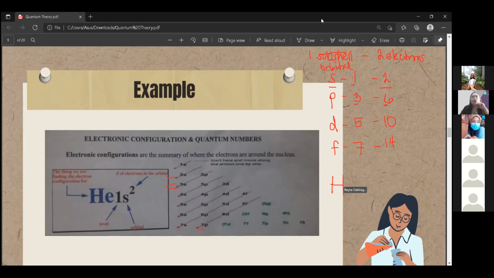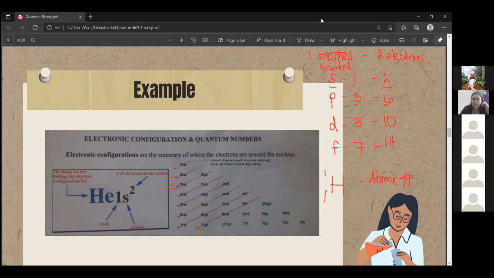If you look at your periodic table, si hydrogen ang kanyang atomic number ay 1 and ang atomic mass niya ay 1 din. Now, ano ang titingnan natin, ang atomic number ba or ang atomic mass? Syempre si atomic number.